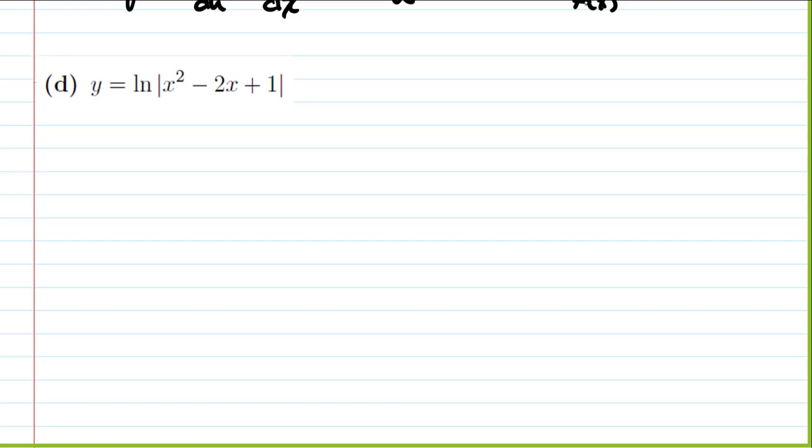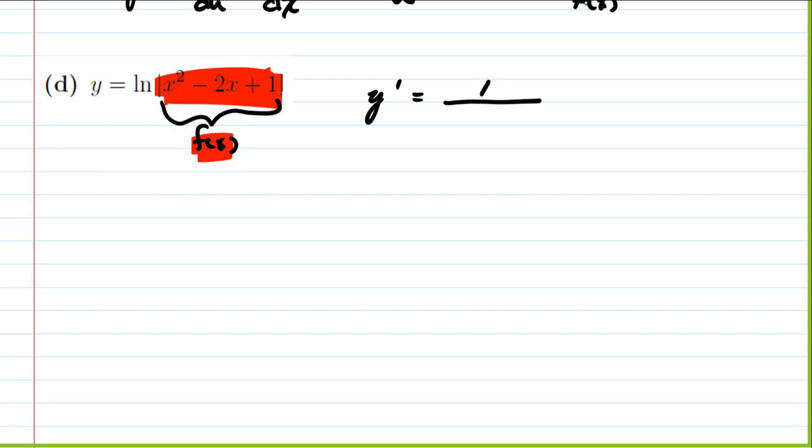So using what we just saw, we can recognize our f of x as being x squared minus 2x plus 1. So then our y prime would just be 1 over the inside, so x squared minus 2x plus 1, times the derivative of the inside, which is going to be 2x take away 2.